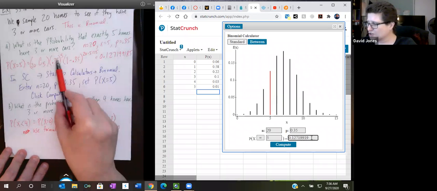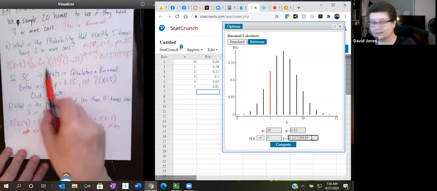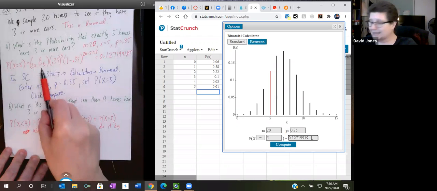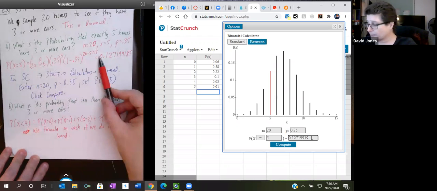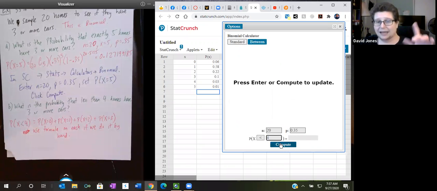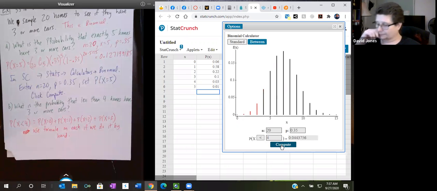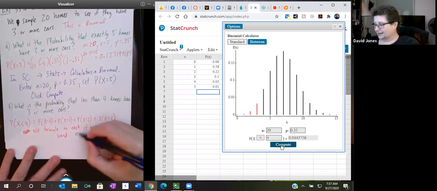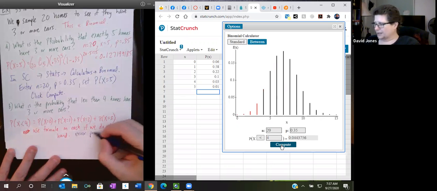What that's changing is the combinatorial up front and the exponents here. There's a lot of room for mistake. If I do it in Statcrunch, I just change that to say less than, and I say less than 4, and click compute. Error prone by hand. Too many ways to make a mistake.